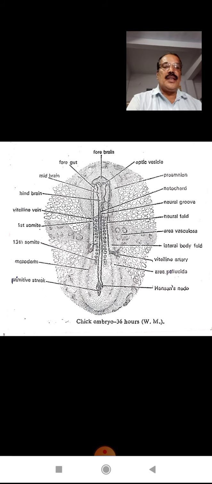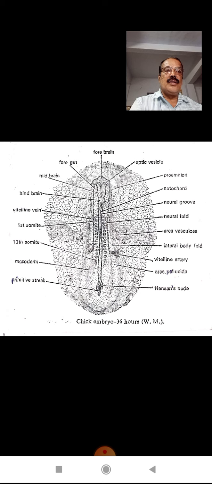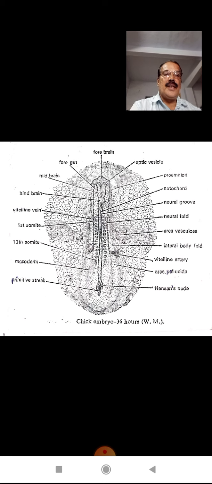The diagram shows certain parts like forebrain, optic vesicles, proamnion, notochord, neural groove, neural fold, area vasculosa, lateral body fold, vitelline artery, area pellucida, Hensen's node, primitive streak, mesoderm, 13 somites, first somite, vitelline vein, hindbrain, midbrain, foregut.